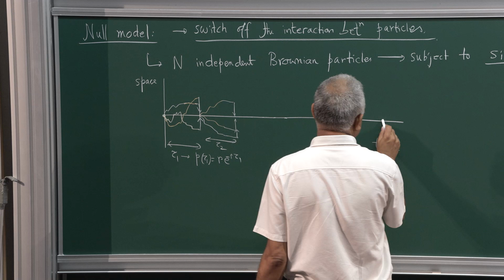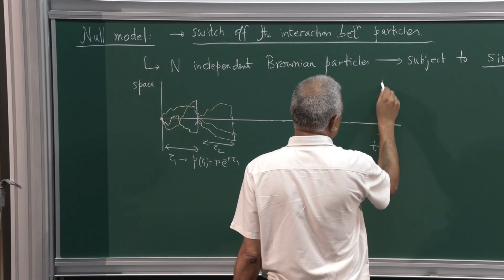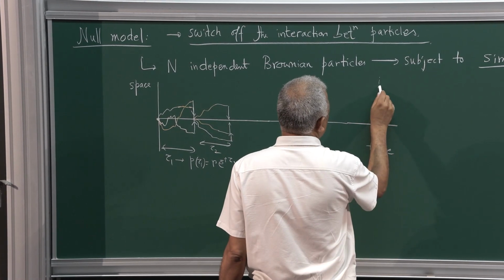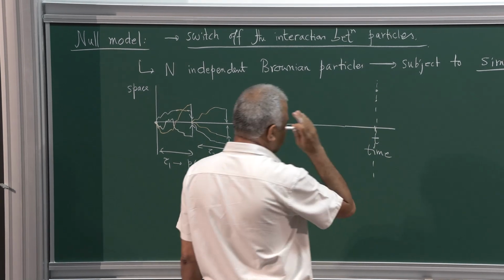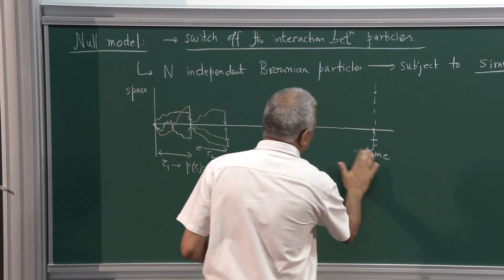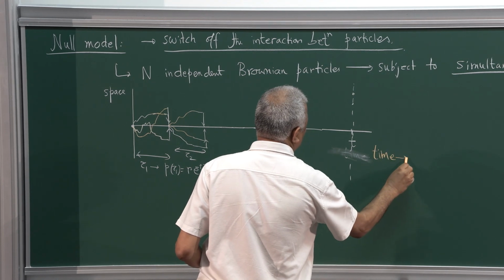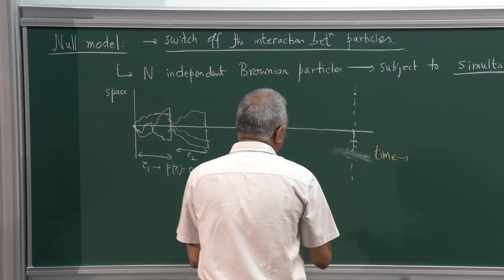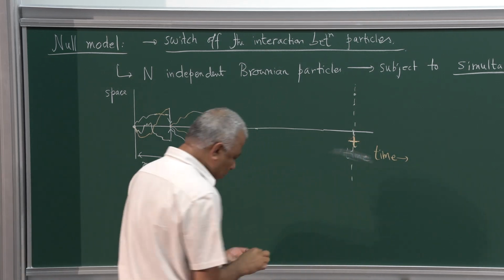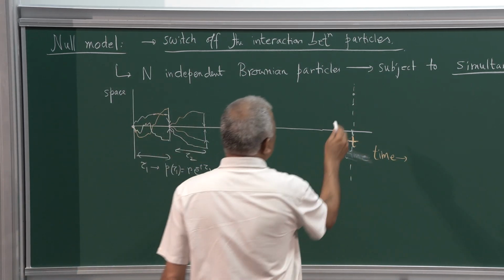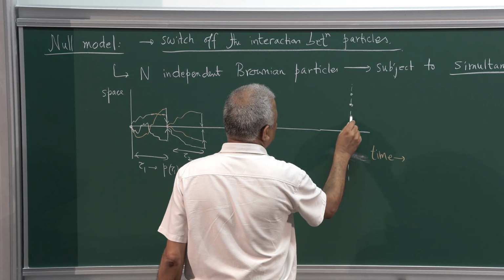So that's the system, and I want to know, if I look at a fixed time t, I'll have a point process there. So the positions of the particles will form a point process.